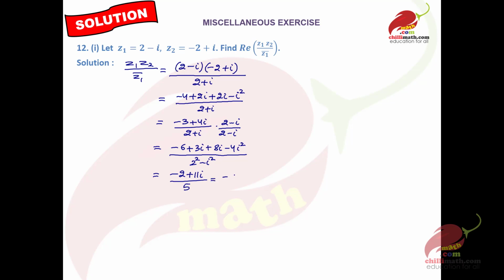On separating this or writing in standard form, we get 11 over 5 iota. So this is z1 into z2 over z1 conjugate. But we need a real part of this. So real part of z1 z2 over z1 conjugate is equal to minus 2 by 5, which is your answer.